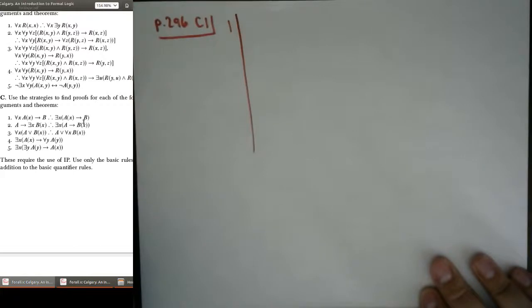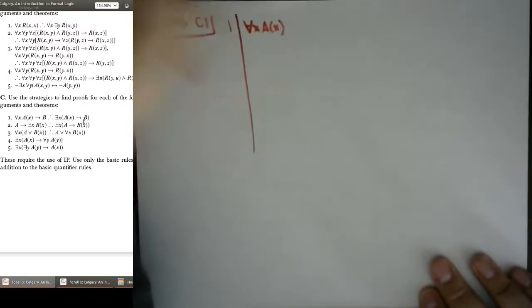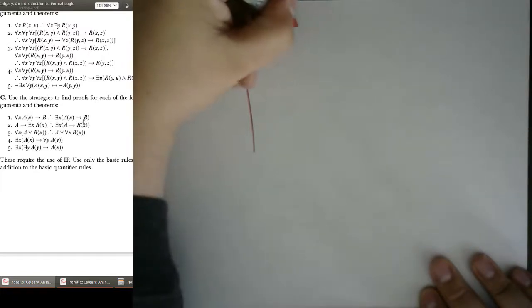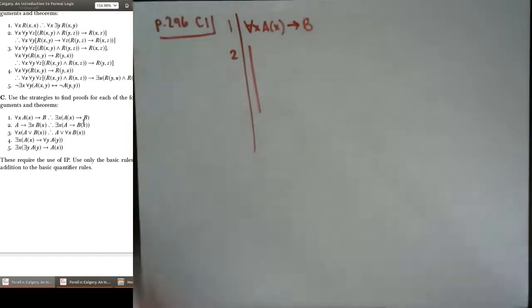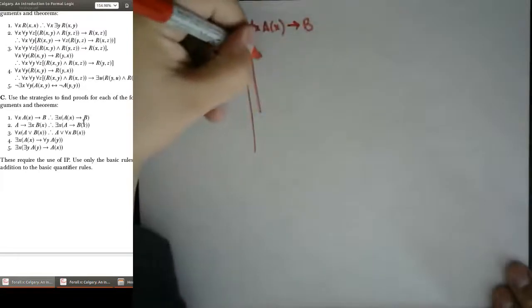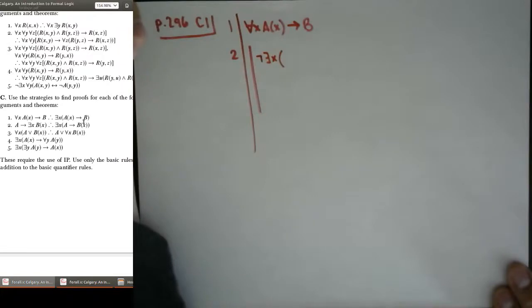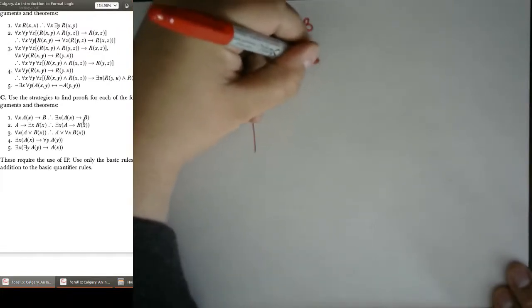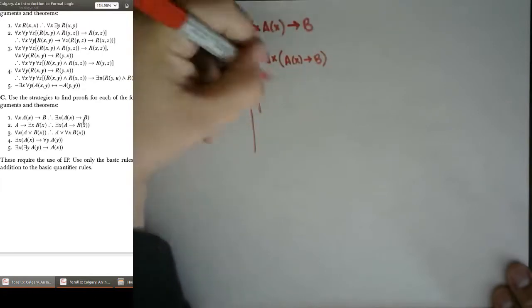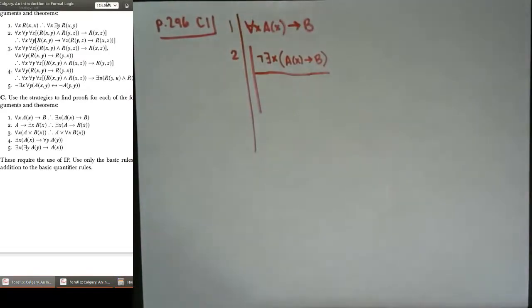I have the base assumption, for all x, Ax implies B. Then one level deep, I'm going to make my negation of the there exists, negation of the conclusion, Ax implies B. And that's an assumption. And so now I'm ready to do my proof.